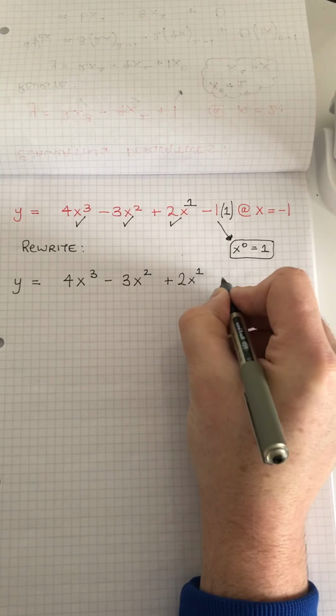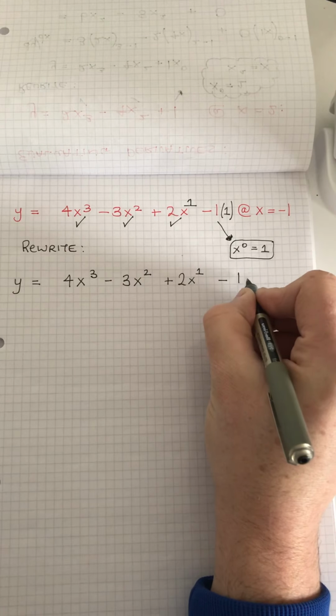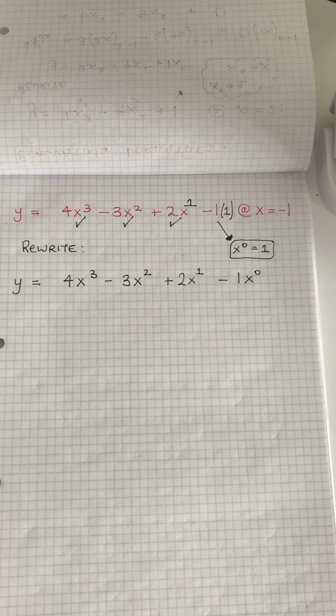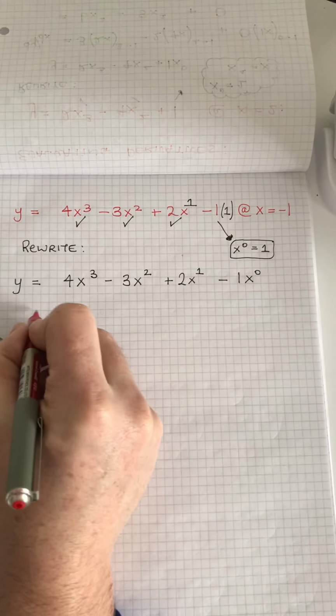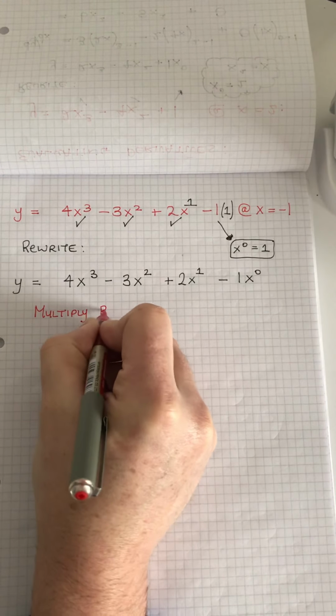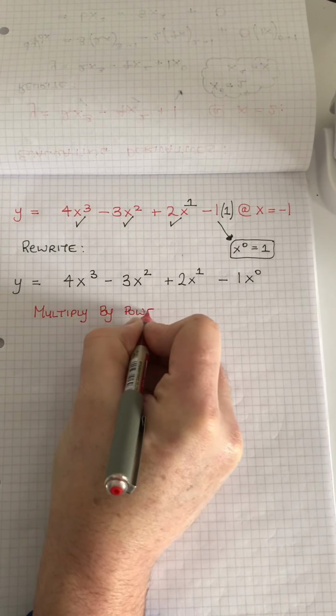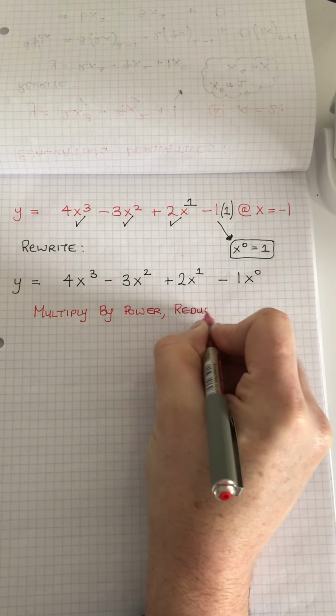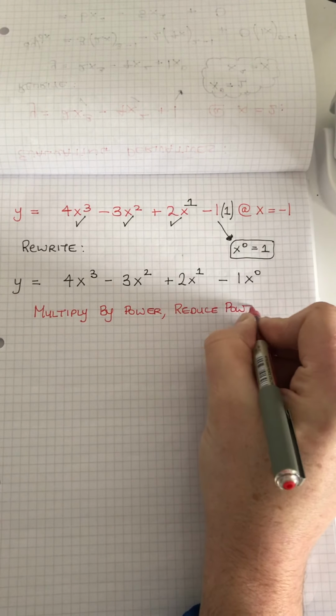So therefore, take away minus 1 x to the power of 0. And now we know the first thing we're going to do is apply the rule for the derivative. So we're going to multiply by the power in the first step, and then we're going to reduce the power by 1.